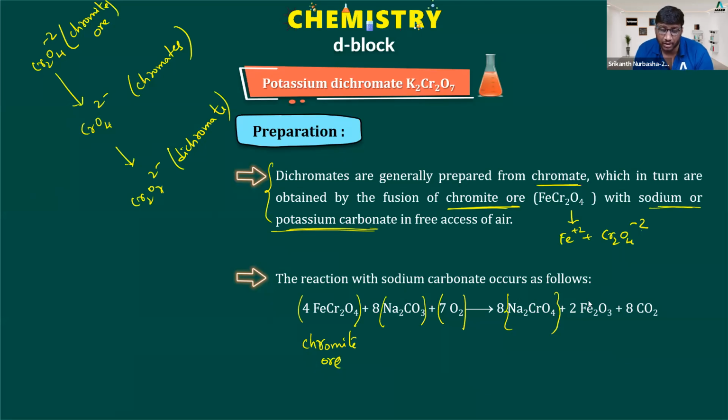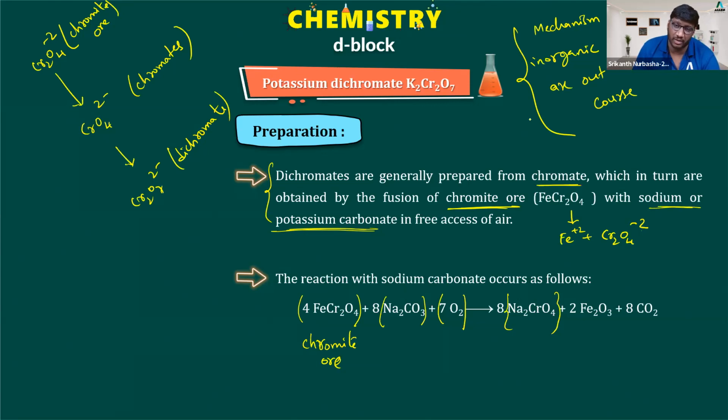Write down this point also: mechanisms of inorganic reactions are out of our course. In organic chemistry, we will be discussing the mechanistic part, like how the change is happening, why it is happening, what are the different reasons. For inorganic chemistry, we can't look at the mechanistic approach.